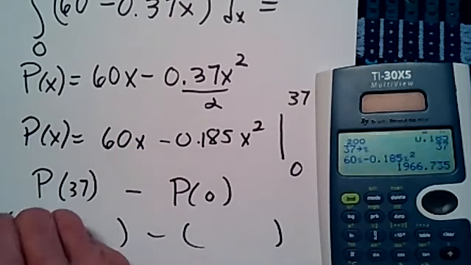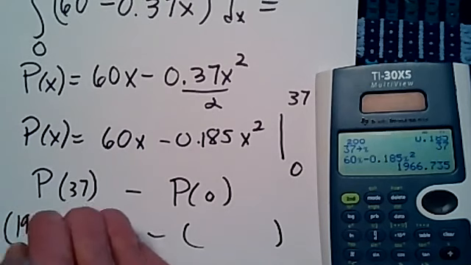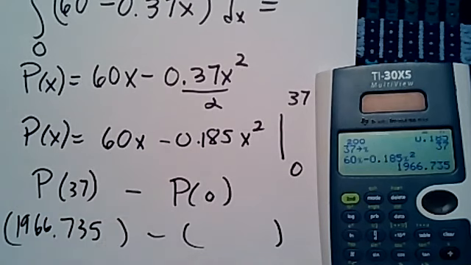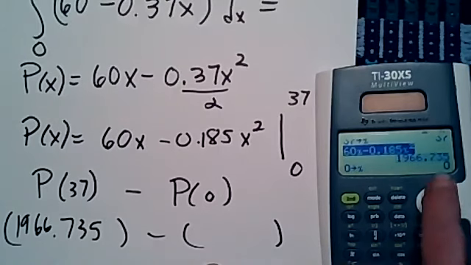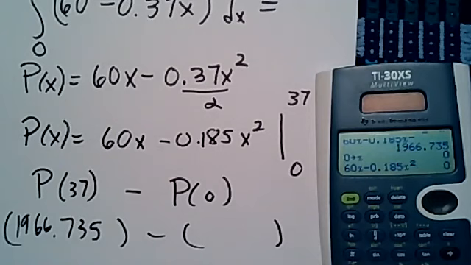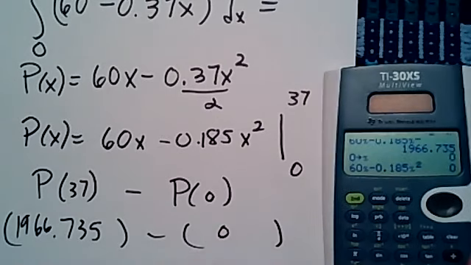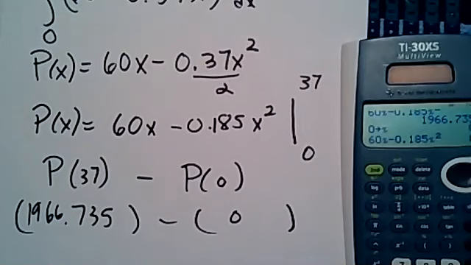Enter. 1966.735. And 0, store for X and enter. When I type that in, you get 0. A lot of times when you plug 0 into a polynomial, you get 0. Just know that sometimes we plug 0 into exponential functions and it doesn't zero out. So it never hurts just to put it in the calculator.